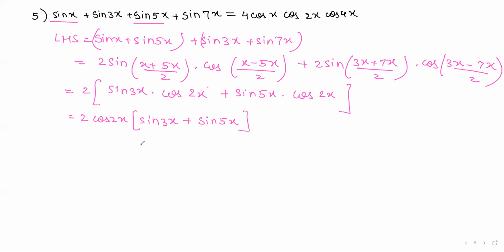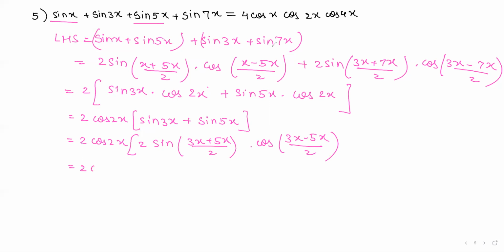Again, you can apply the formula. Cos 2x into 2, you have sin 3x plus 5x divided by 2 into cos 3x minus 5x divided by 2, which is equals to 2 into 2, which is 4 cos 2x into sin 4x into cos minus x, which is cos x.